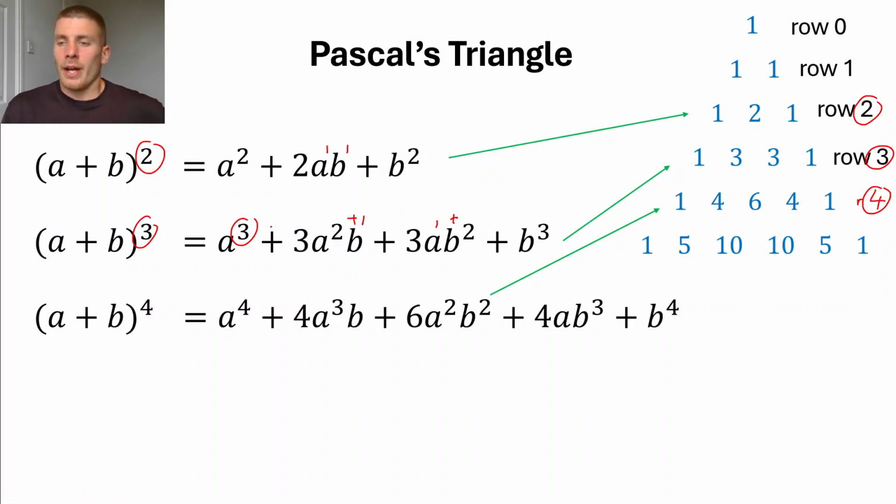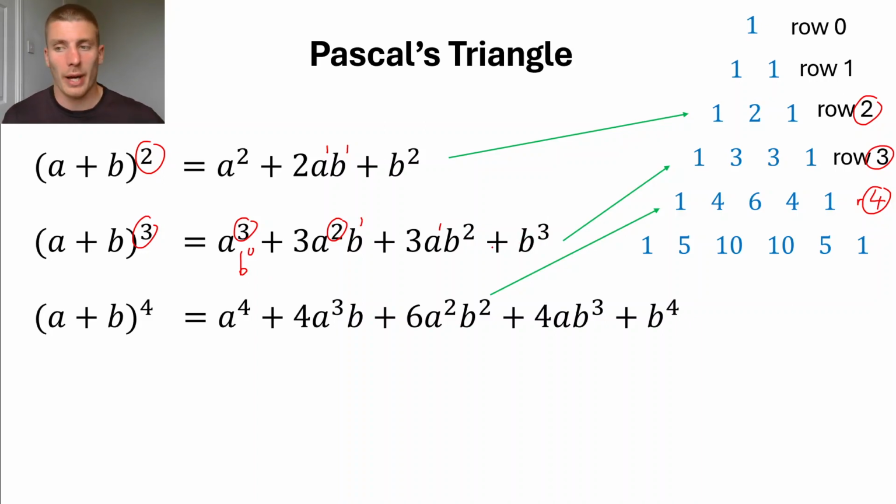And we can also note from this, if we look at the a term here, it begins with a to the power of 3. It then goes down by 1 every time. So it goes a to the 3, then a squared, then a to the 1, then effectively a to the 0, which is equal to 1. You just don't write it, of course. And the opposite thing with b, right? You begin with b to the 0, b to the 1, b to the 2, b to the 3.